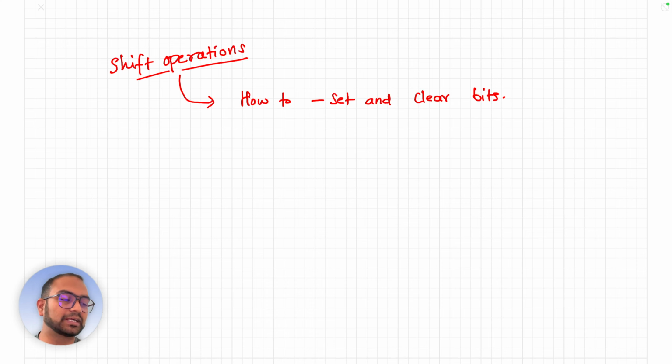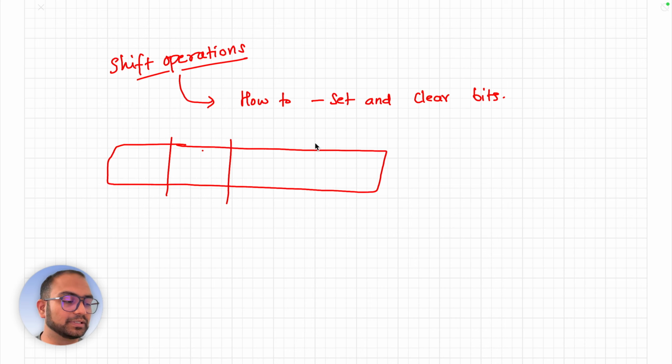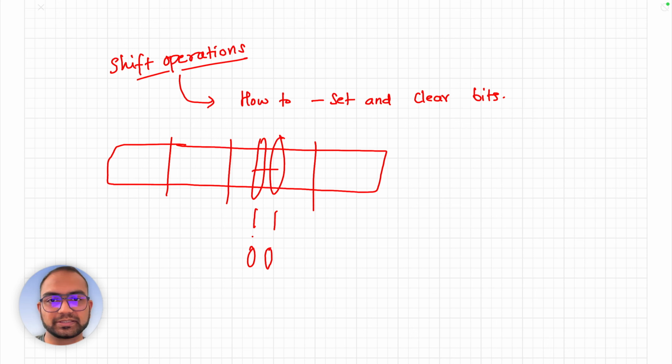This is something that bit operations are supposed to be used for, that you have again the 32-bit register, and within that some bits need to be extracted out, some bit needs to be set for whatever reason, reasons we'll talk about as we master these tricks. So you might want to clear certain bits, you might want to set certain bits, and for that you can imagine that we need some sort of bit manipulation.